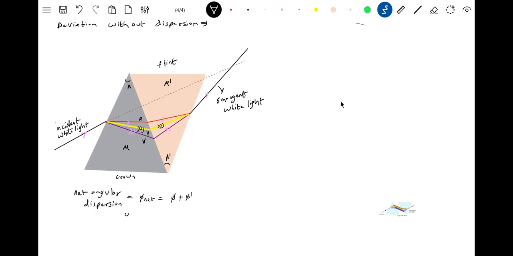Net angular dispersion, plus we'll take it. So this should be 0. This should be mu v minus mu r into A. So therefore this A dash is equal to minus of mu v minus mu r A bar over mu v dash minus mu r dash.